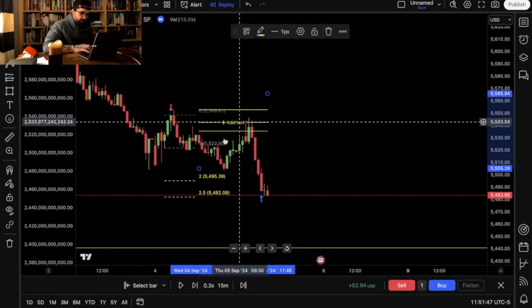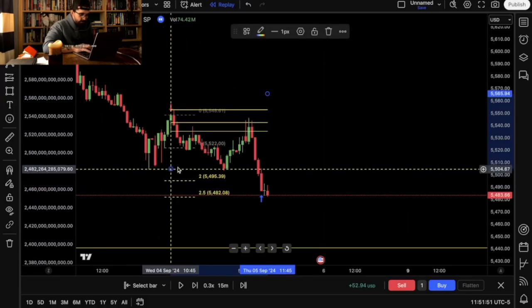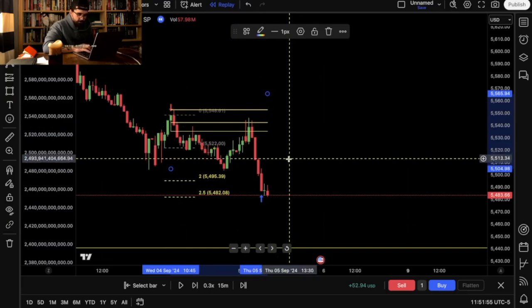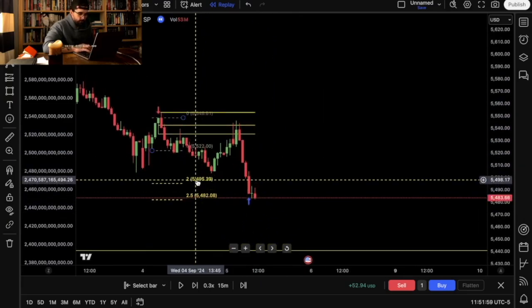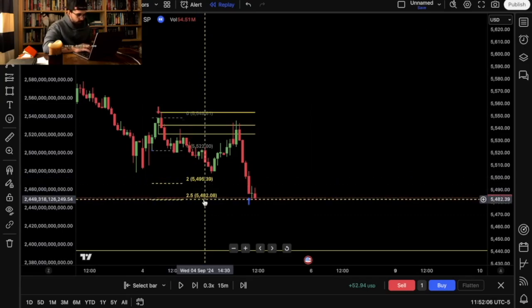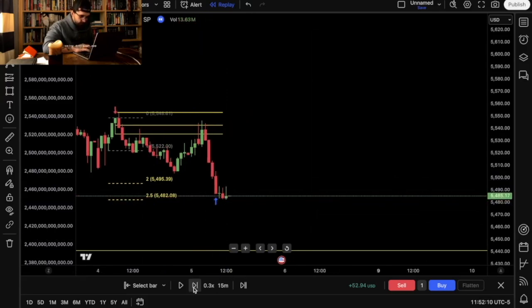Boom. This is why I can't stress this enough, guys. If you see every time we pull up, these retracement levels are so strong. And if done right, the standard deviation price target is very accurate, right? You notice we hit the 2.5 level.